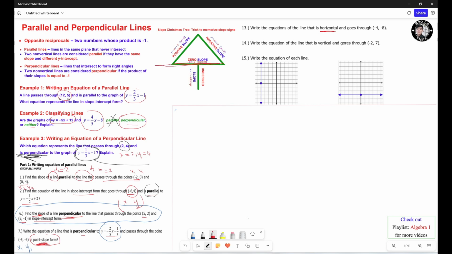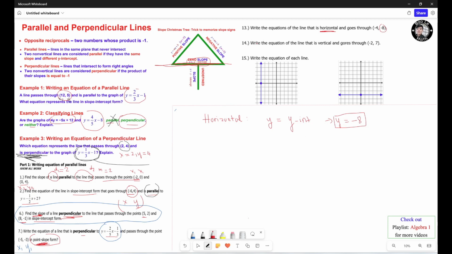Alright, so for a horizontal line, the equation should be y equal y-intercept. That is the answer. Now, because the line passes through this point, you only look at the y value. My y value right here is negative 8. So the equation must be y equal negative 8. And that's it.